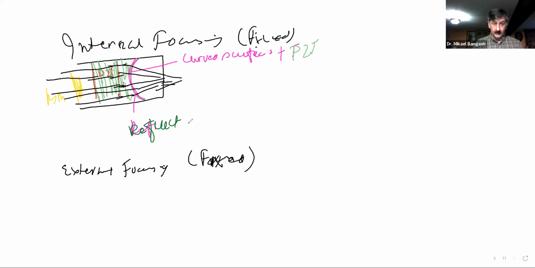And as a result of that refraction, they will start to converge and reach a focus.